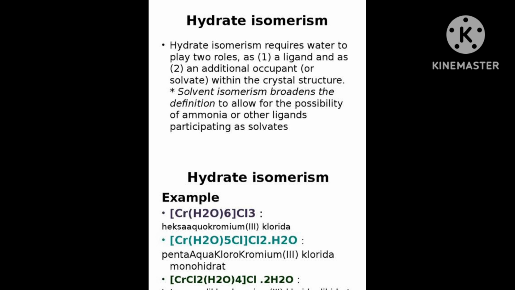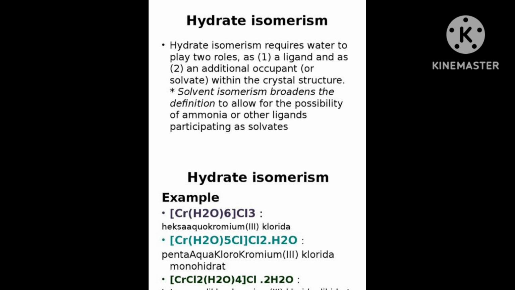But in cis, you will find that their position is different because they are adjacent. Then Cl is in the front and 2 oxalate is in the back side. Then you will find a change here in direction.